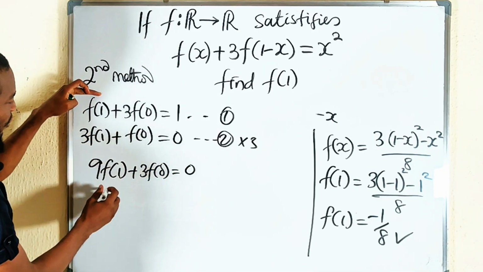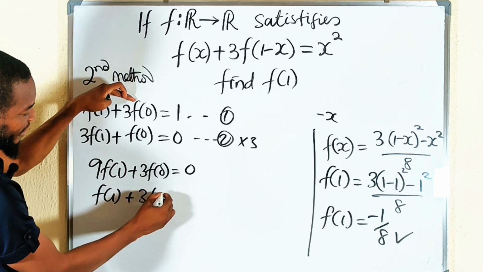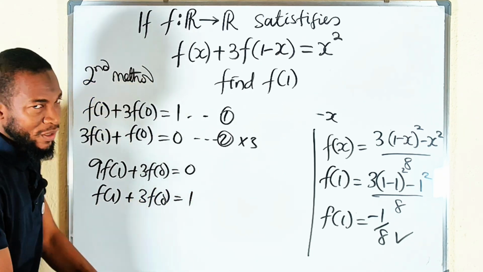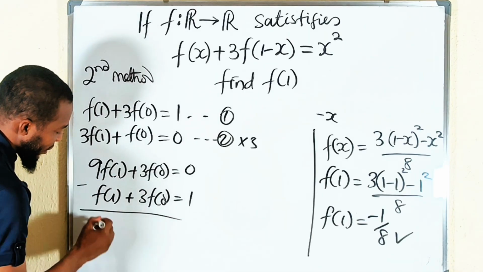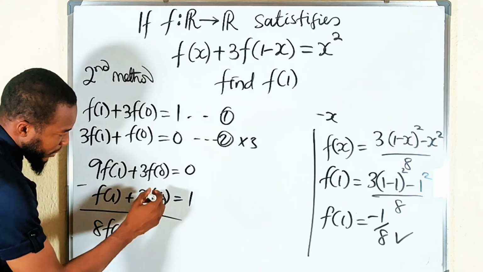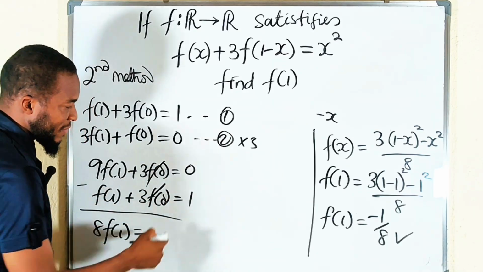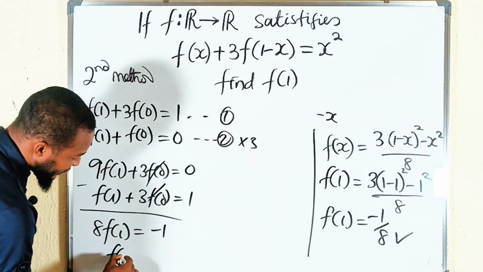Then you bring down this one. You have f of 1 here, 3 f of 0 equal to 1. Subtract. This minus this will give us 8 f of 1. This and this will cancel because they are the same. 0 minus 1 is minus 1. And finally, you divide by 8.